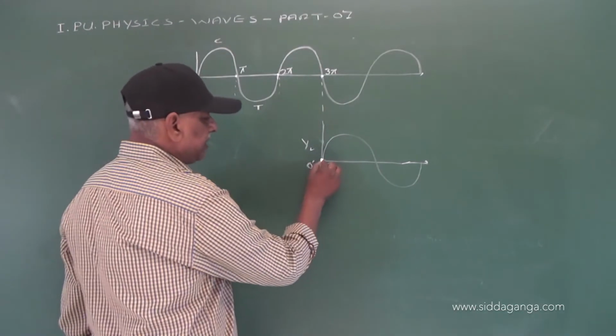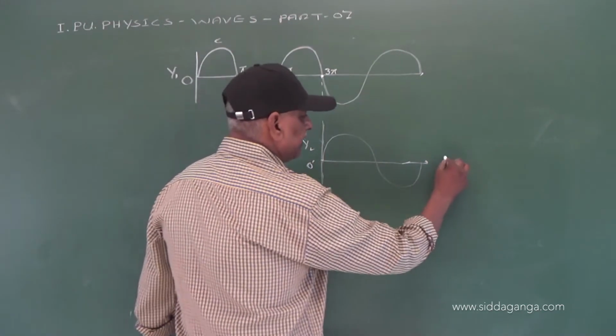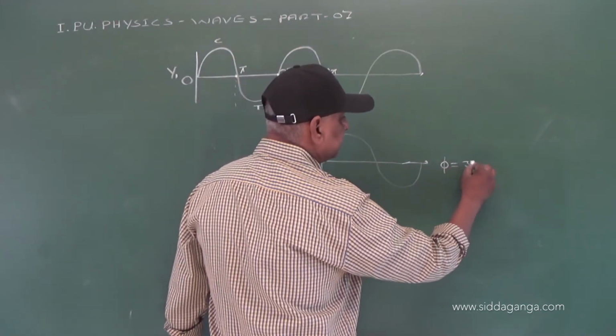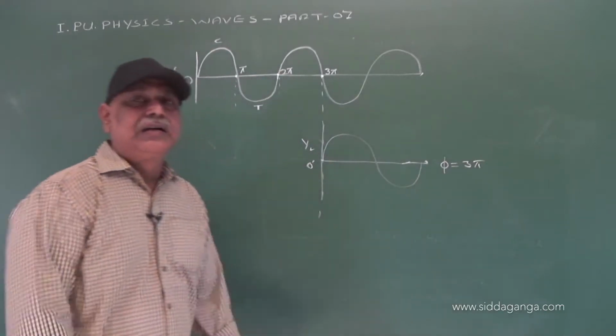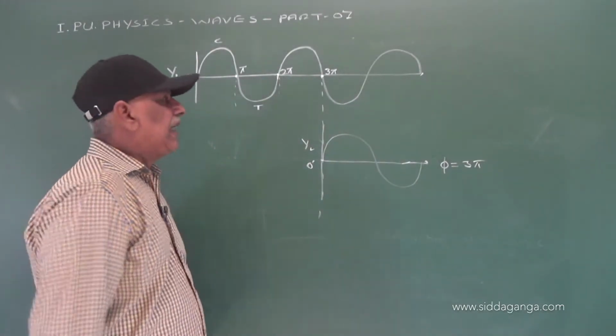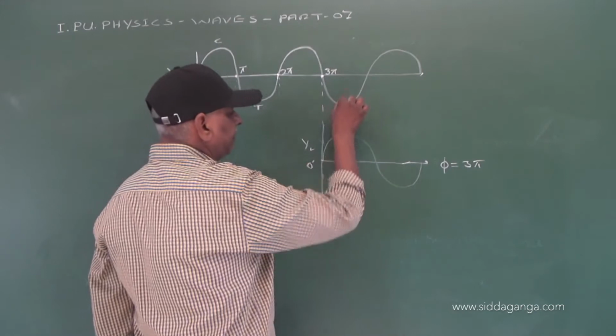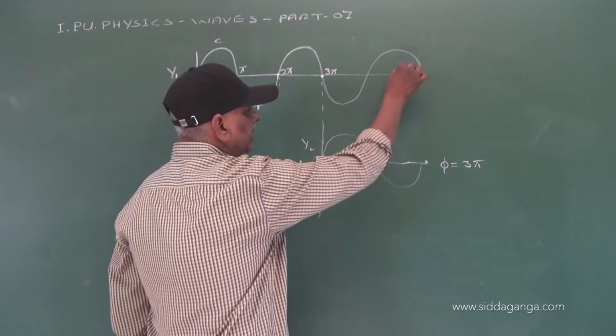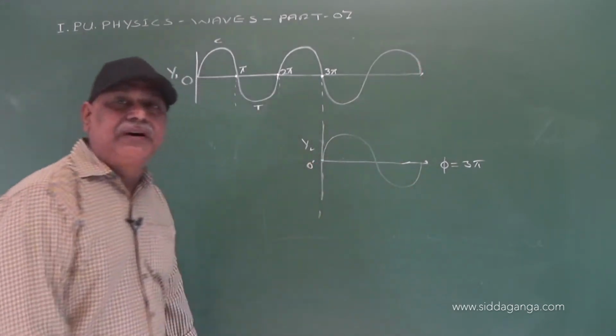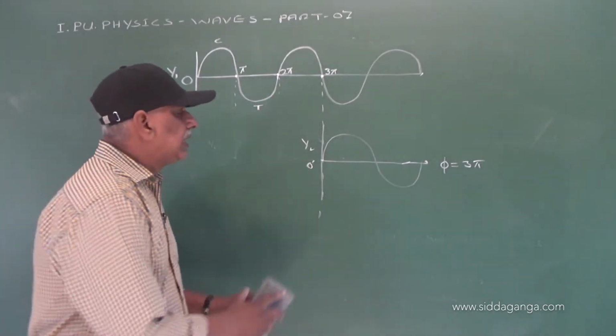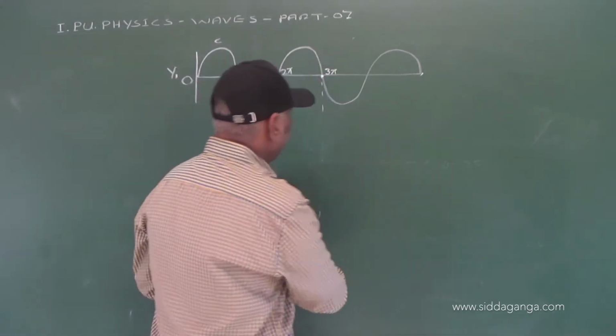Now it has a phase of 0. Now the phase difference is 3 pi. See what happens here. Again, trough falls over crest and crest falls over trough. That means destructive interference takes place.